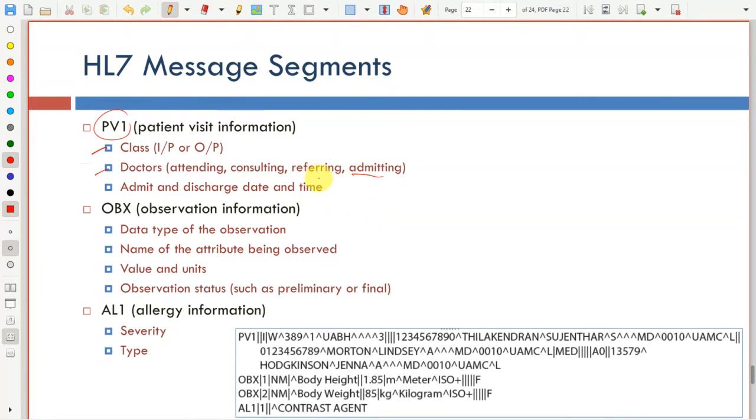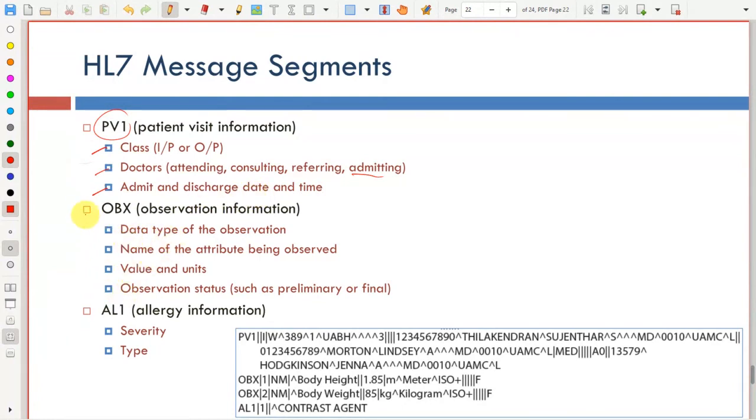The referring doctor might be the one who referred the patient to that hospital or that doctor. You might also have the admission or discharge date and time included in that particular field.